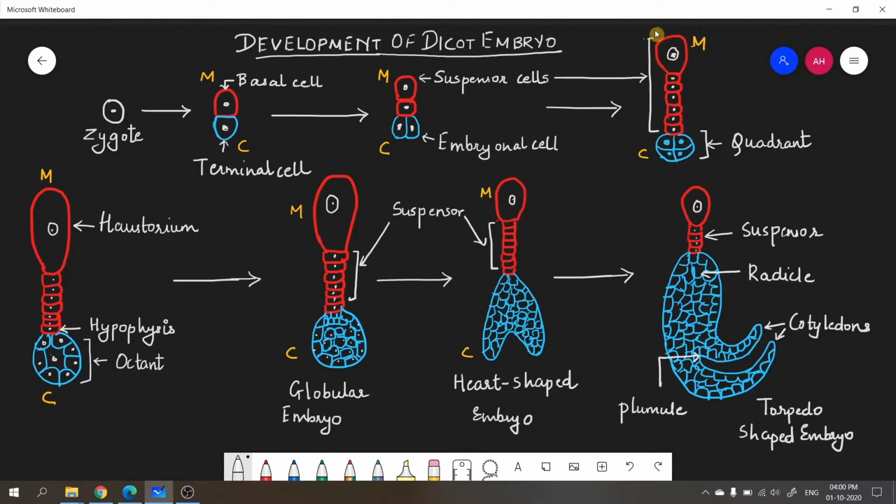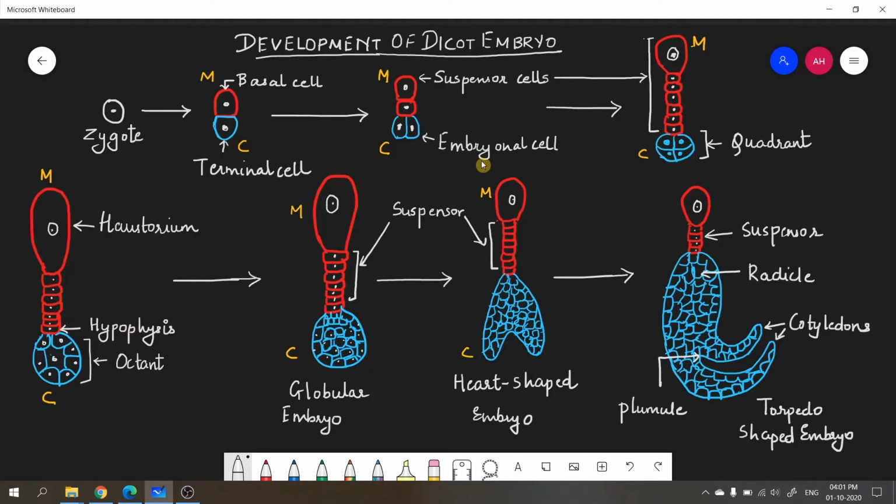Now the cell of suspensor that is towards the micropylar end gets swollen and functions as a haustorium. I have shown that over here, right? Yes, it functions as a haustorium. And the last cell of the suspensor, towards the lower side, is called hypophysis.